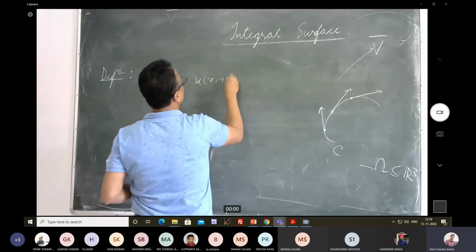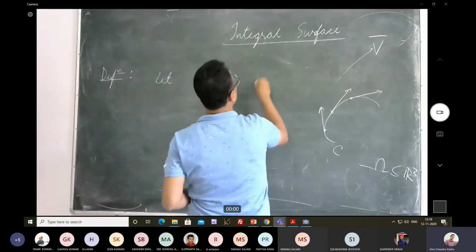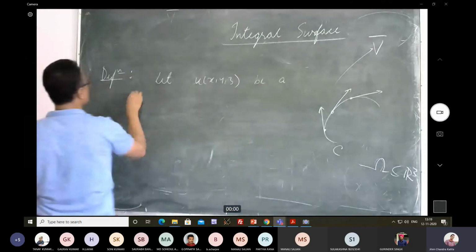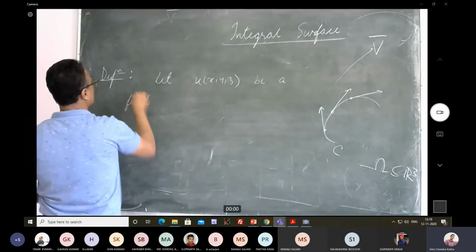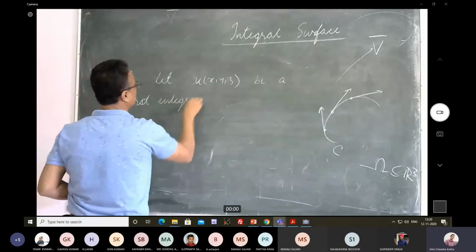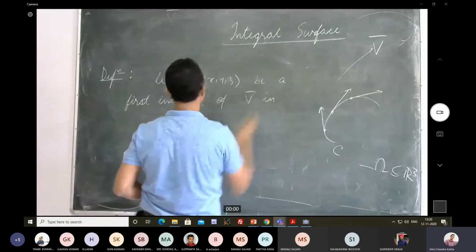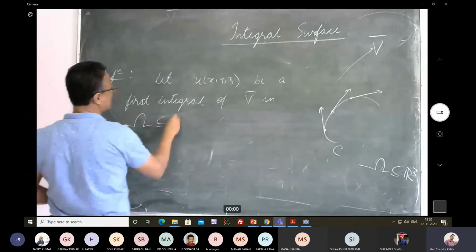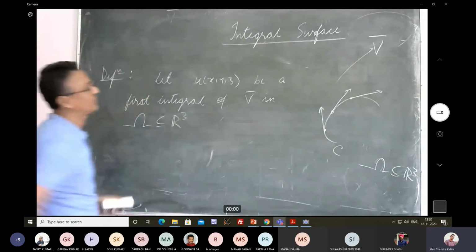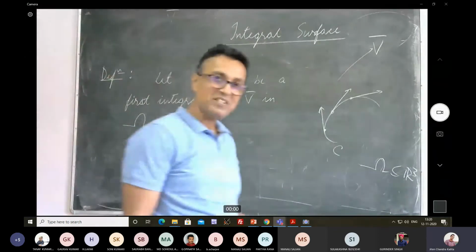Let u(x, y, z) be a first integral of v, say in some domain omega in R3. Okay, fine.